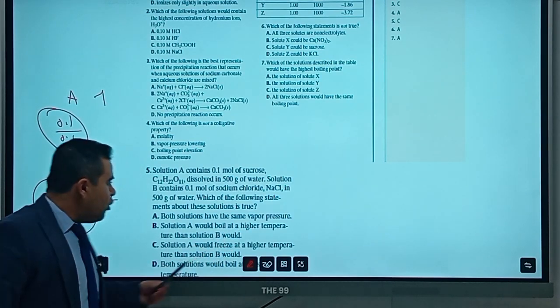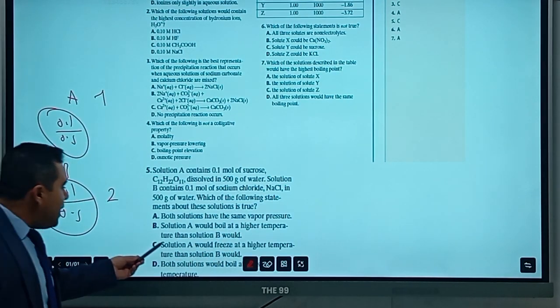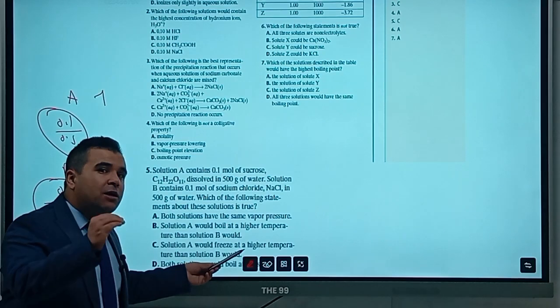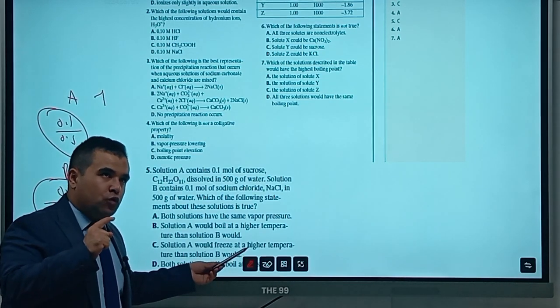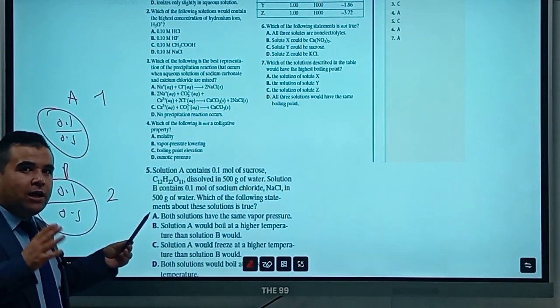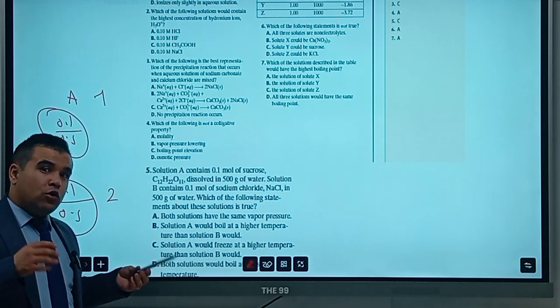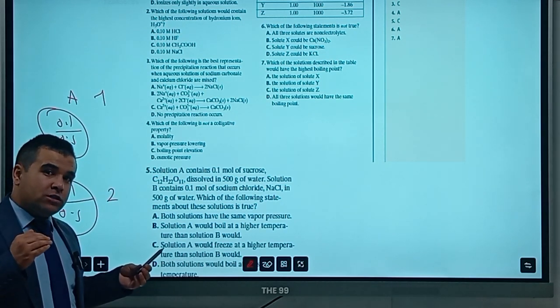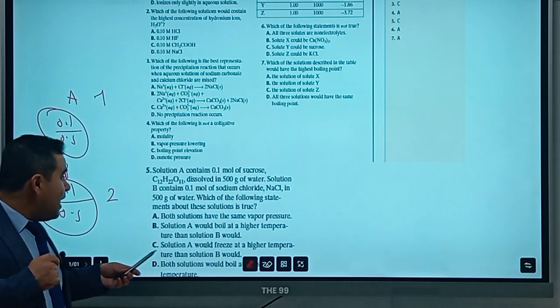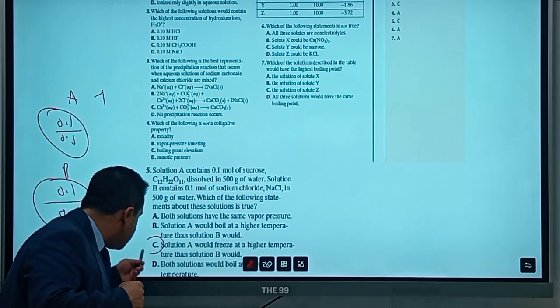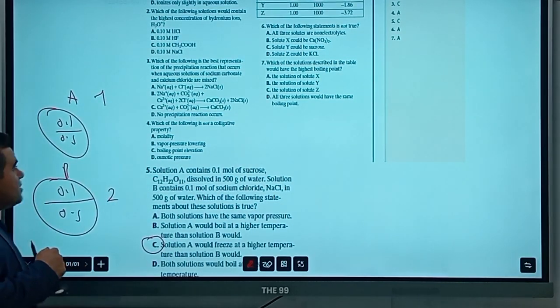No, at a lower temperature. Solution A would freeze at a higher temperature? Yes, solution A, because it has lower effective ion concentration, lower particles, lower ion factor. It freezes at a higher temperature than solution B. So C is the correct answer.